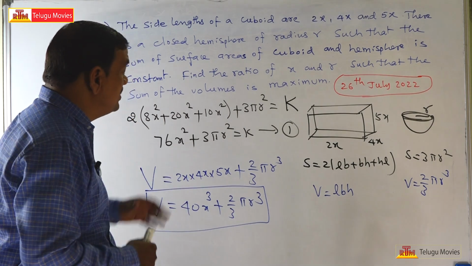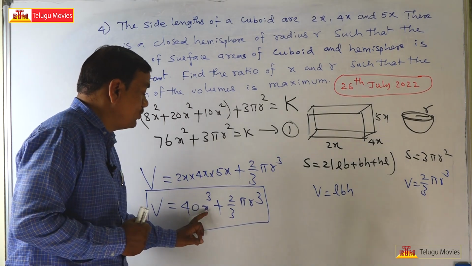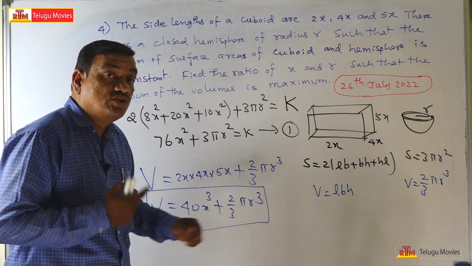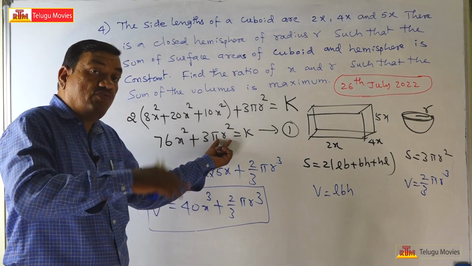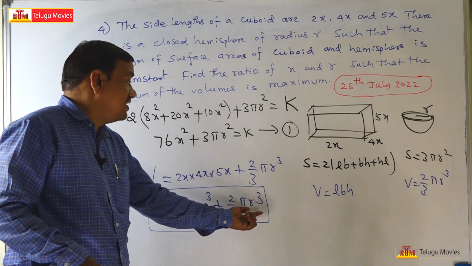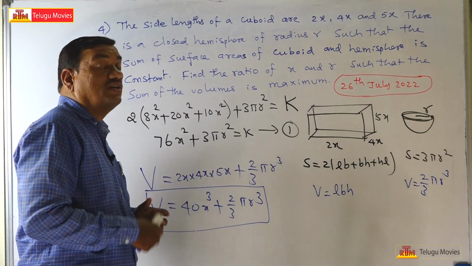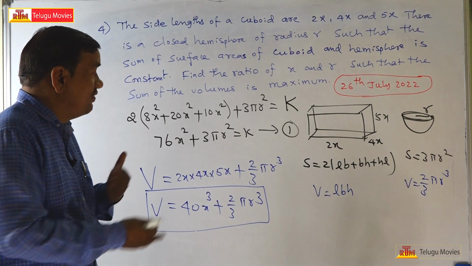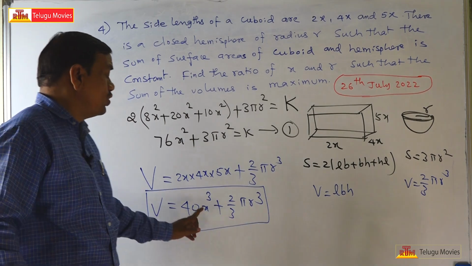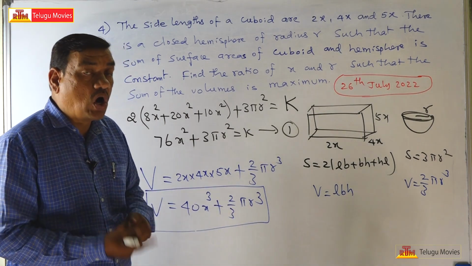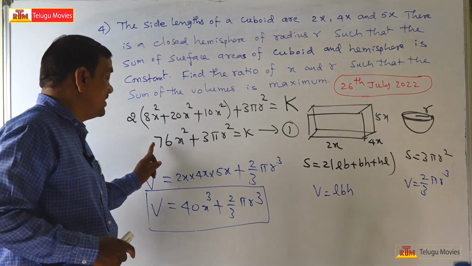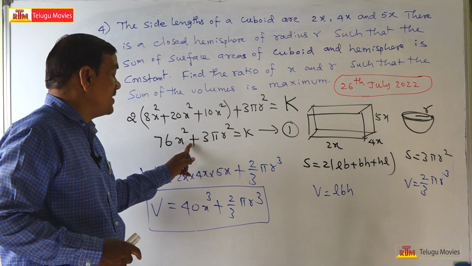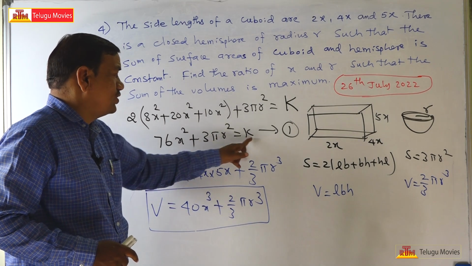Generally while doing this type of problem, we have to make two variables into a single variable. That means in place of x we convert it into r, otherwise in place of r we convert it into x. The total problem should be either in x or in r. Here the problem arises. Why? Because observe here 76x square plus 3 pi r square is equal to k.